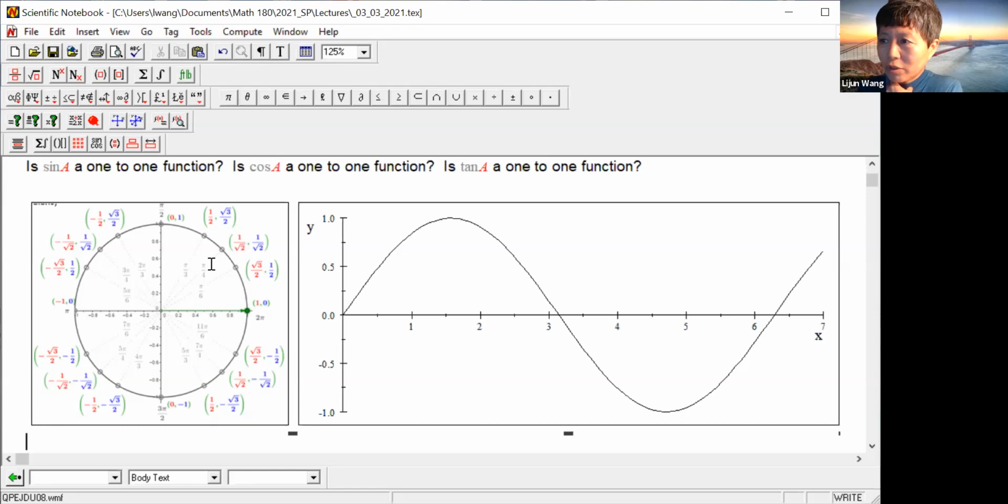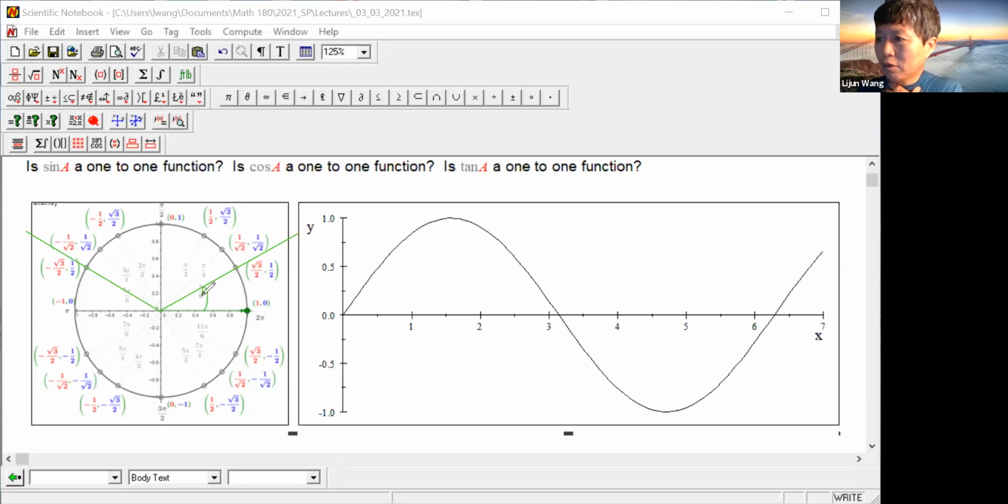If you look at the unit circle, you don't have to go very far to find those values. What are the inputs for sine? Angles. Take, for example, pi over 6 as one terminal, and another one is 5 pi over 6.